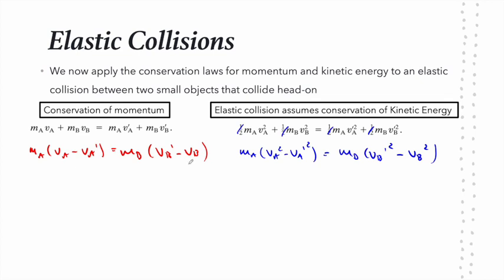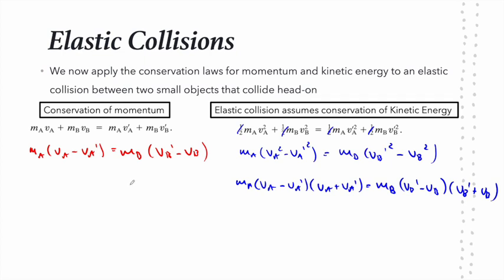and from here we see that we have a difference of squares, so I can say that mA times (vA minus vA prime) times (vA plus vA prime) is equal to mB times (vB prime minus vB) times (vB prime plus vB).